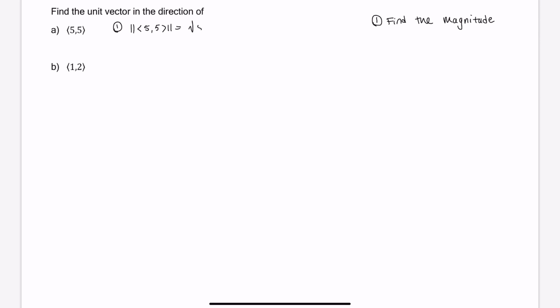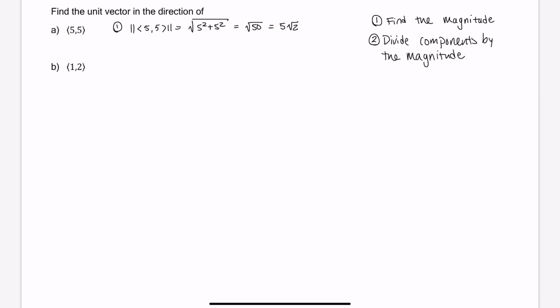equal to the square root of 5 squared plus 5 squared. That is 50 squared. Oh, excuse me, not 50 squared. That's 25 plus 25. That's just 50, which is 5 root 2. Now, the next thing you want to do is divide the x and the y components by the magnitude.